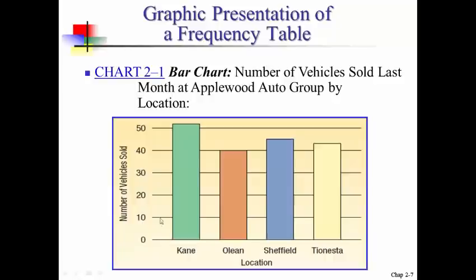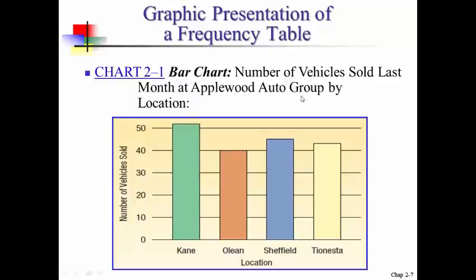This is the vertical axis, in mathematics we call it 0y. That's why the item that we study we put on the horizontal, and the frequency of each item we put on the vertical. The highest bar represents the higher frequency, the bigger number. The lowest bar represents the lower frequency. So this is the simple bar chart.